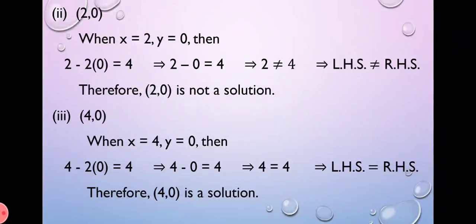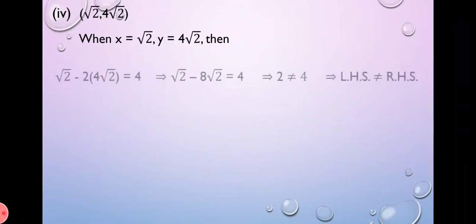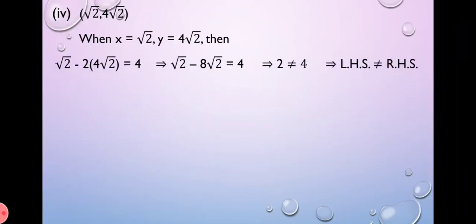Number 4, root 2 and 4 root 2. When x equal to root 2, y equal to 4 root 2, then root 2 minus 2 into 4 root 2 equal to 4. Here we first put the values of x and y in the given linear equation. Solving, we get root 2 minus 8 root 2 equal to 4.